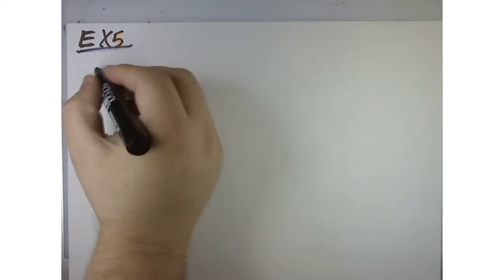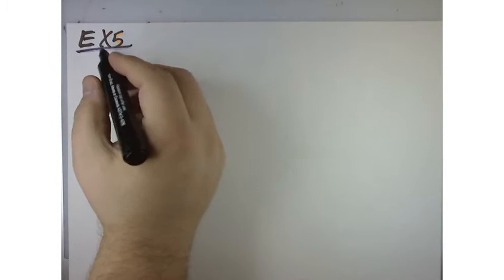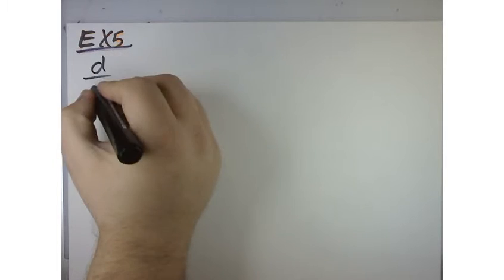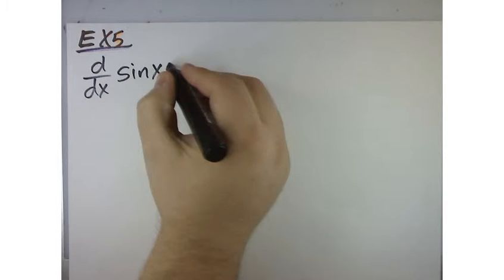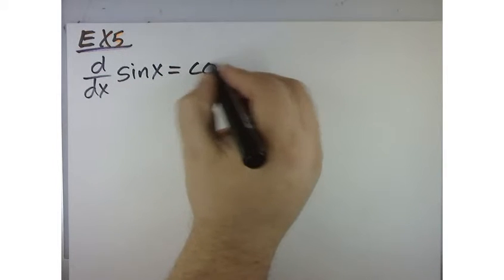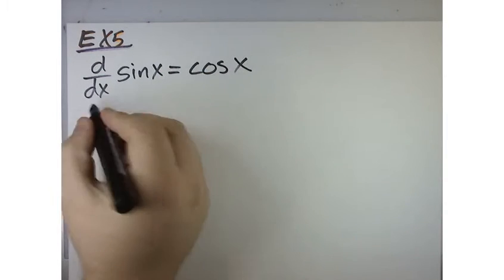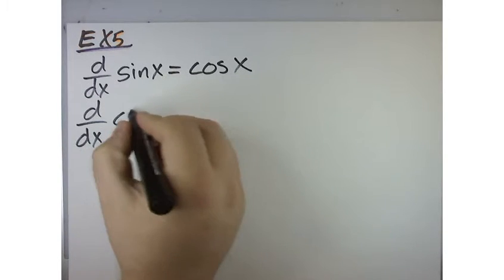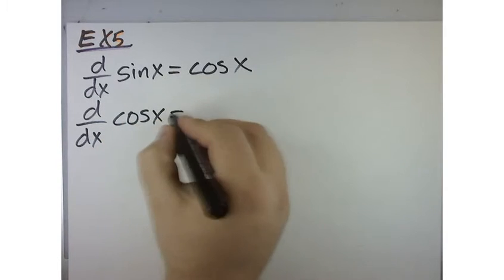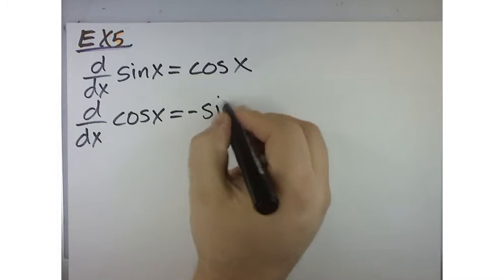Example number 5, we know that the derivative of sine of x with respect to x is cosine of x. We know that the derivative of cosine of x with respect to x is negative sine of x.